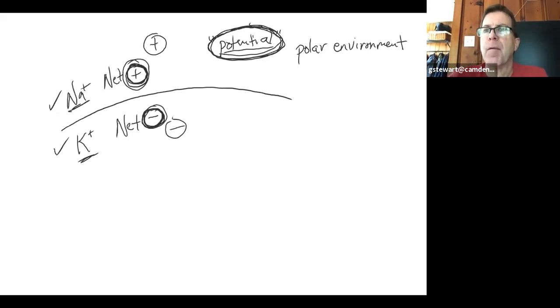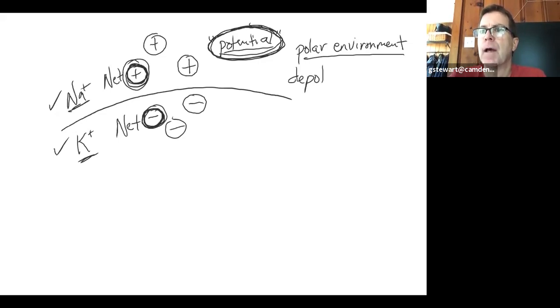We say that if we have opposite environments on one side from the other, it is polar. If we depolarize that environment, I'm going to write depolarization. Depolarization means there is a decrease in membrane potential.